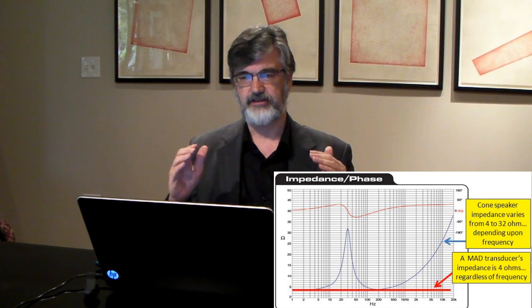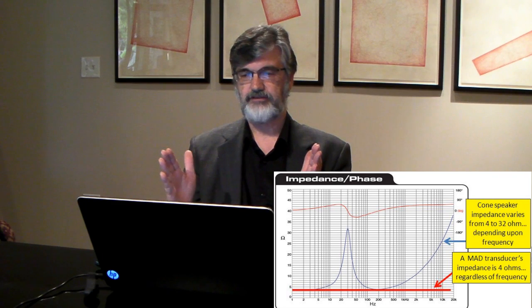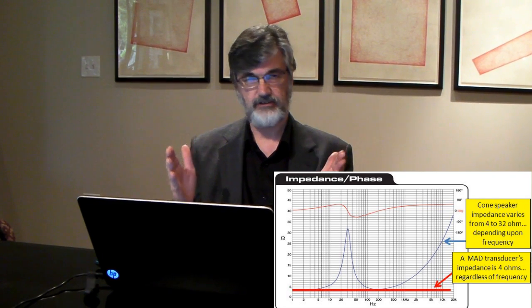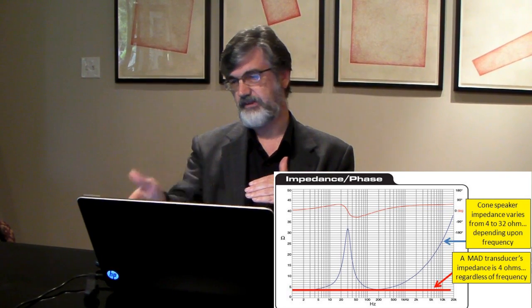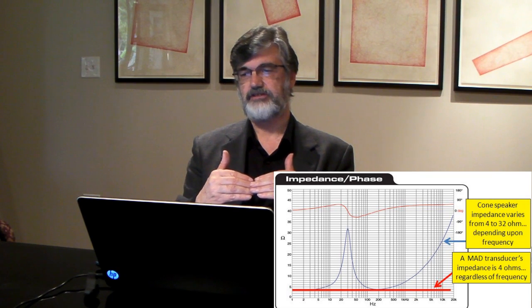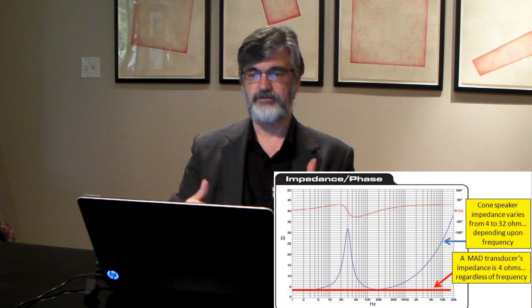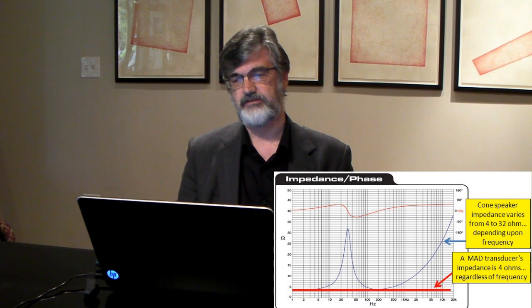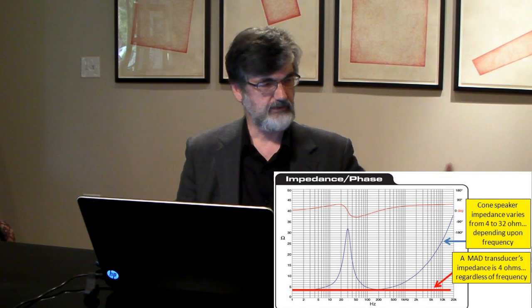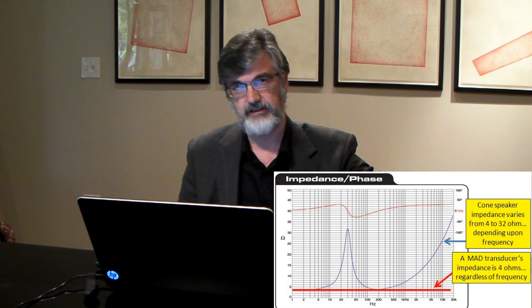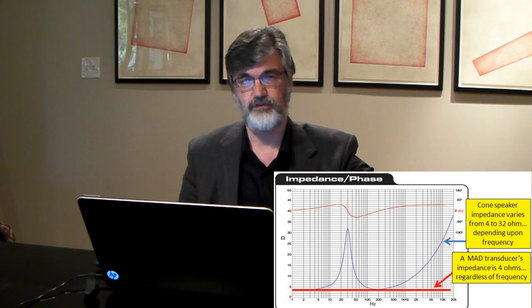Bottom line is that depending upon the frequency, the resistance varies all over the place. With a 4 ohm speaker being shown, the resistance varies up to 32 ohms from its base value. Our device, whether it's 20 hertz or 20 kilohertz, it's all 4 ohms.